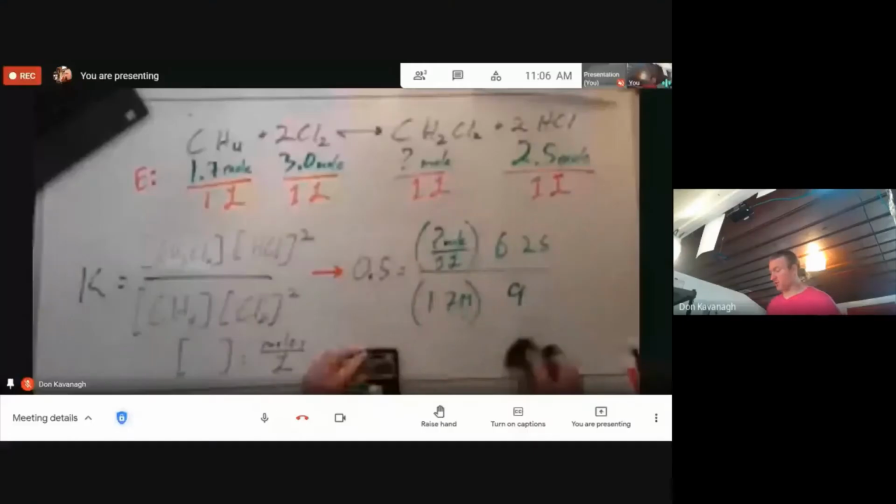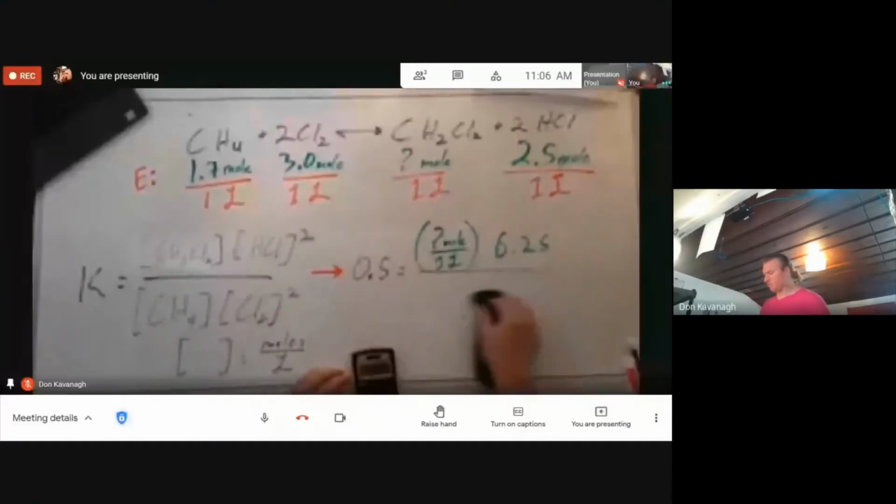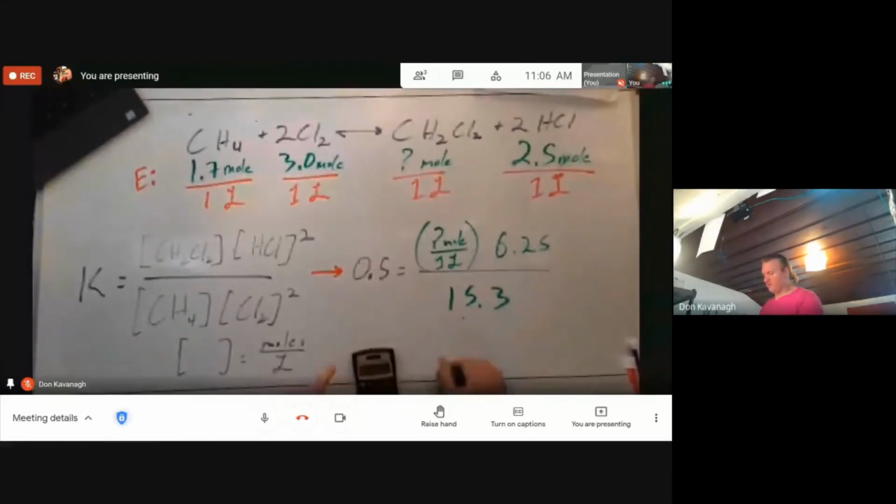I'm really just trying to isolate X, or solve for X. I want to get rid of this fraction on this side. So I'm going to multiply both sides of the equation by 15.3. That gives 7.65.